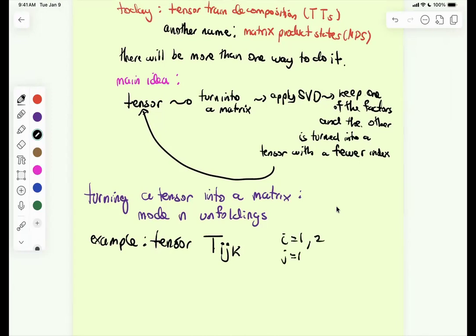J could take 3 values, 1, 2, 3. And K could take 4 values, 1, 2, 3, 4. I'm putting different sizes so that it's easier to keep track of. In totality, the tensor will have 2 times 3 times 4, so that will be 24 entries.